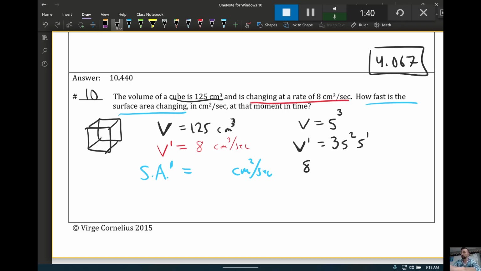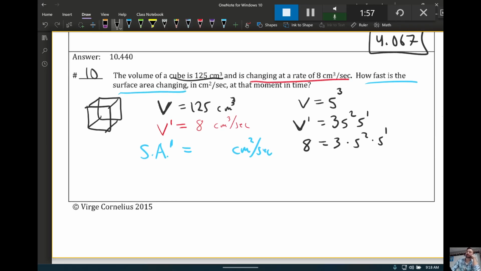Okay, I can start plugging this stuff in. I know V prime is 8. I don't know S for S squared, and I don't know S prime. So I kind of hit a wall here. That's okay, because they also gave me a hint here. I'm really trying to find the derivative of surface area.